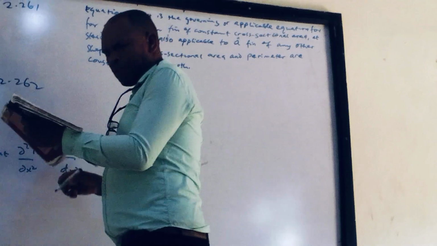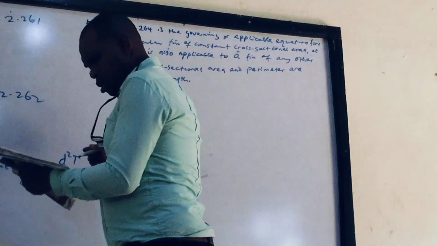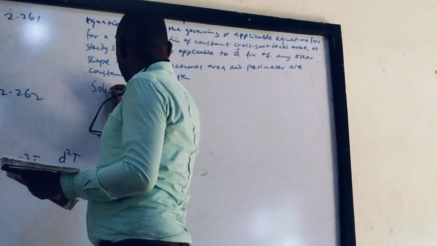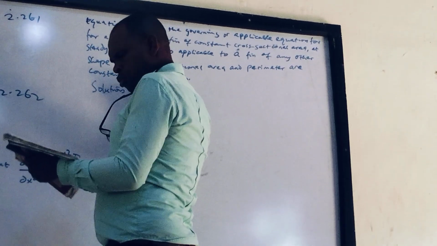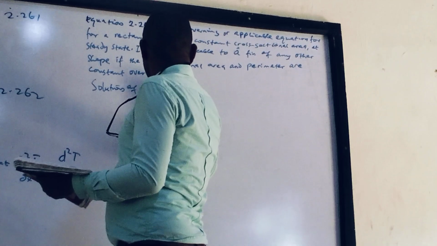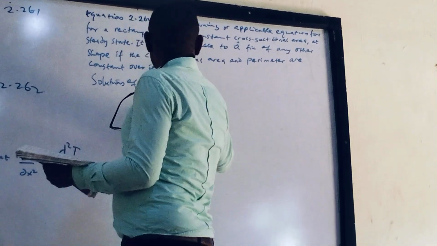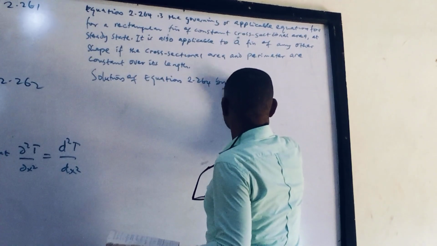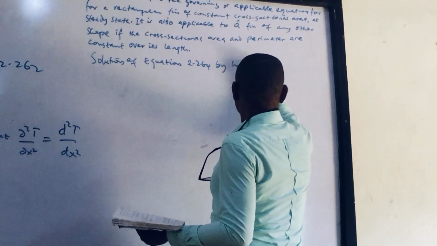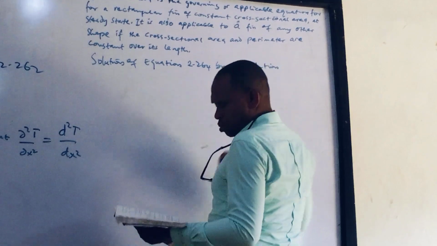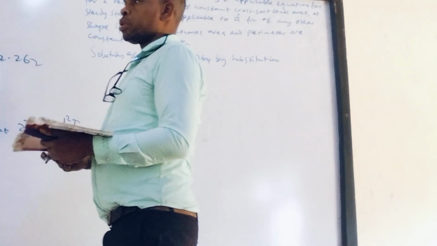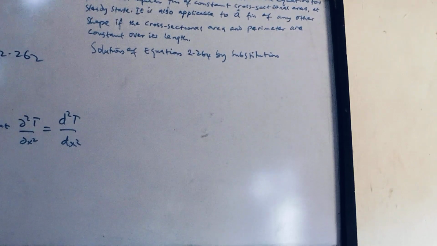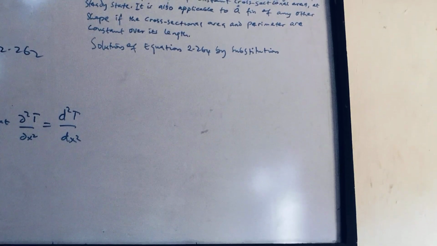Okay, so having made this comment, we have the solution of equation 2.264. Something is missing in the equation above 2.61, above that 2.26 to the x. So that is equal to, and then infinitesimal x, so that when you divide through by infinitesimal x on all of them, it now comes to 1.